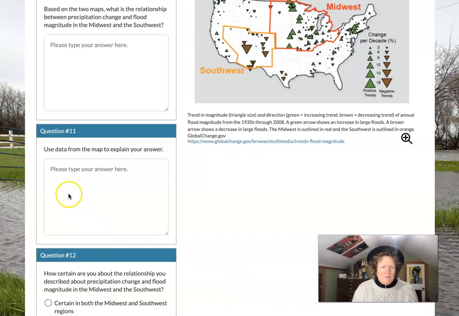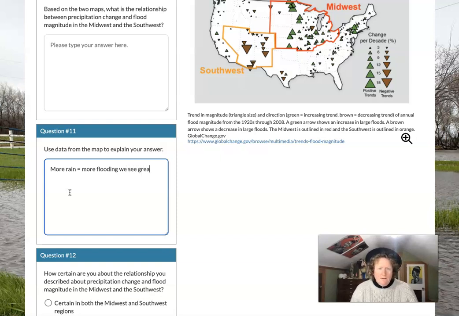So if we want to type a relationship, we need to say something like more rain equals more flooding. We see green that indicates more flooding and more precipitation on both maps in the Midwest.